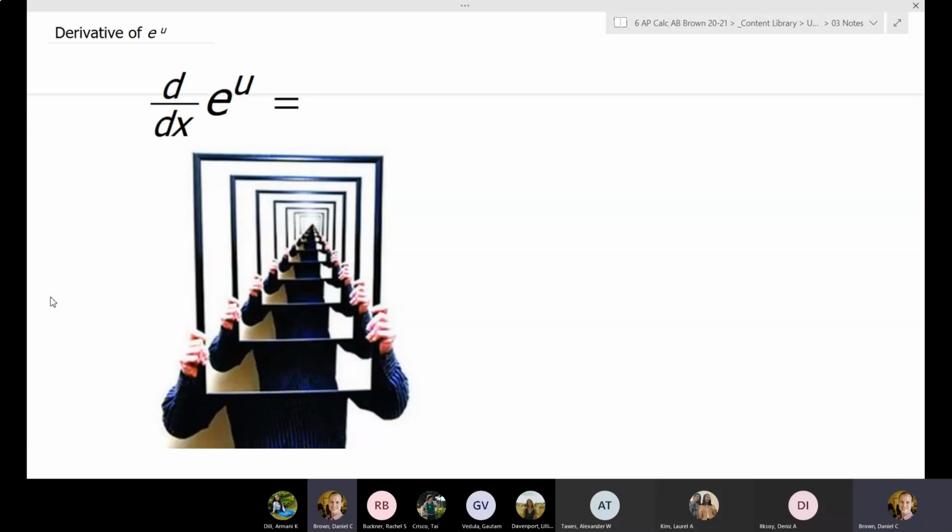So when I say let's find the derivative of e to the u, it is still e to the u, but we want to remember u prime, which is our chain rule. That's just another way of writing the rule. I like it this way because it reminds you that you have to do the chain rule.